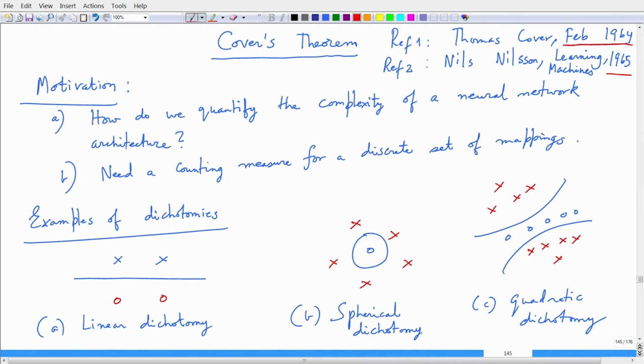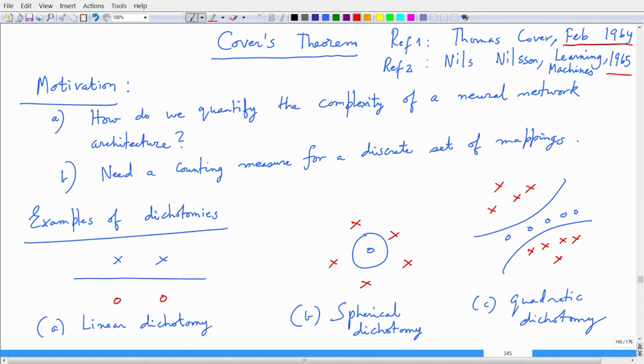For this, we need a counting measure for a discrete set of mappings. So, this is our motivation. Suppose I want to have linearly separable patterns, or I want to ensure linear separability. How can I quantify the complexity of this design?